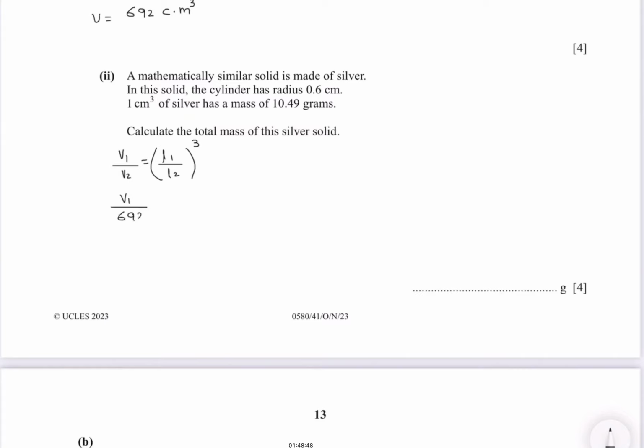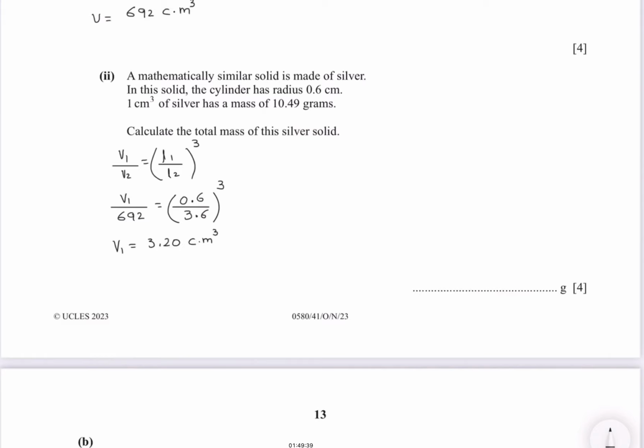So V1 is required and V2 is 692, which we just showed in the previous part. L1 is 0.6 over L2 is 3.6, whole cubed.